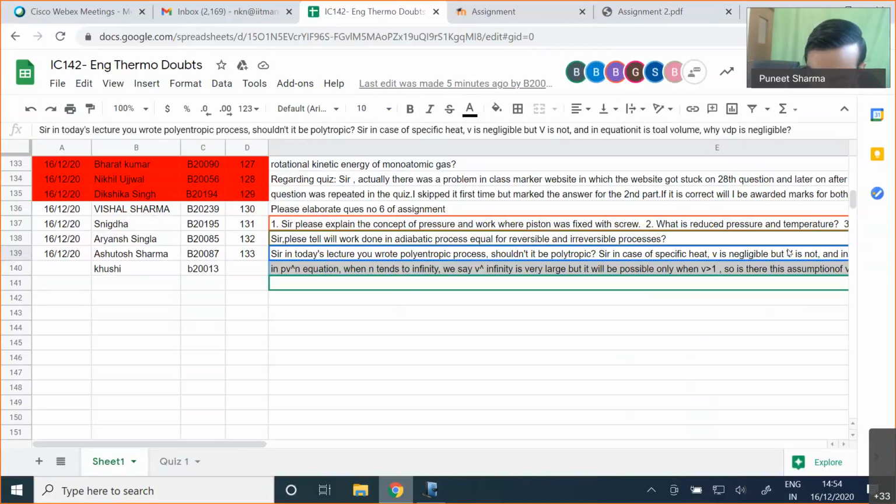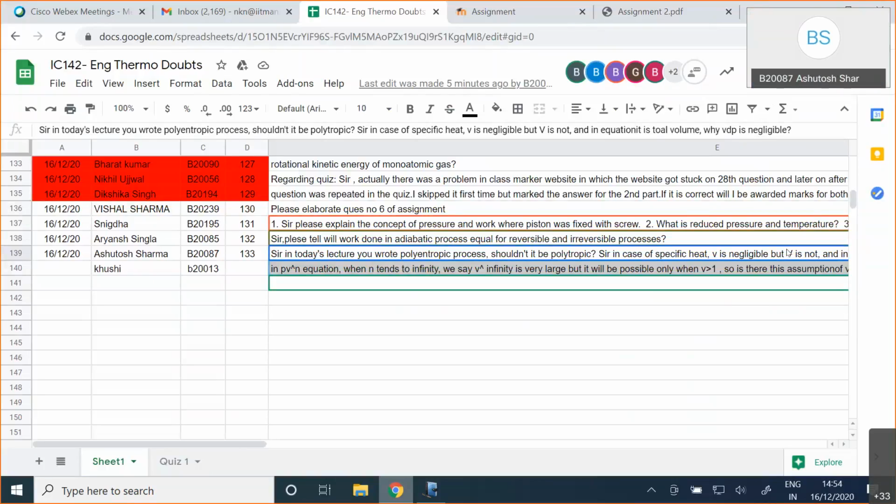And in the equation, in total volume, it is V dP. So while I am writing the equation, I am using the specific form: small h is equal to small u plus p into small v. So that is actually the specific volume which I am neglecting, not the total volume. Okay. So is this point clear, Asutosh? Yes, sir.